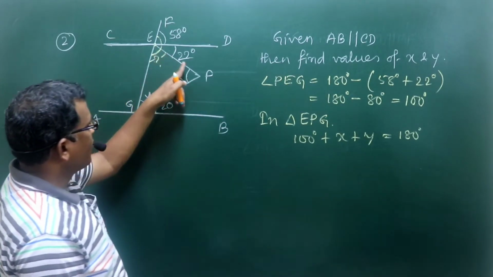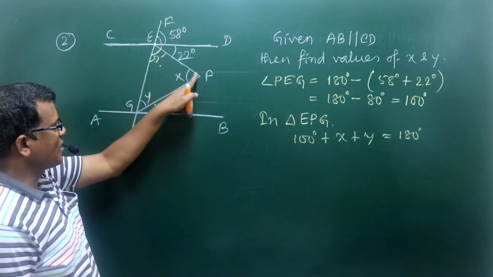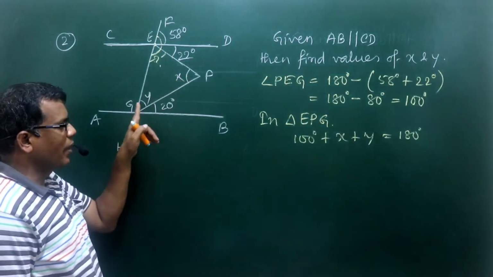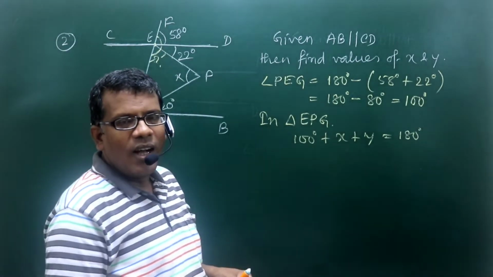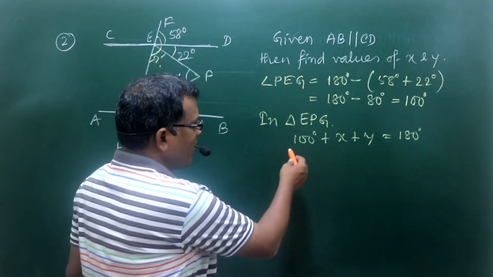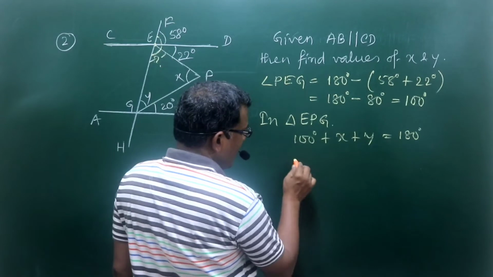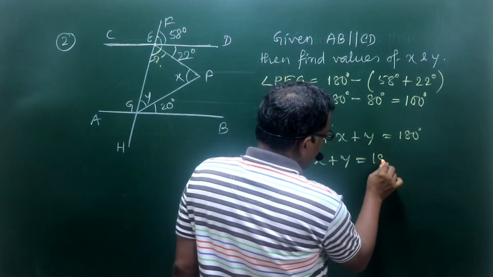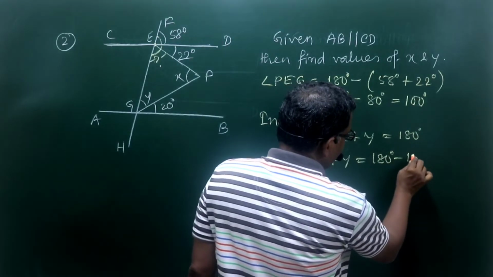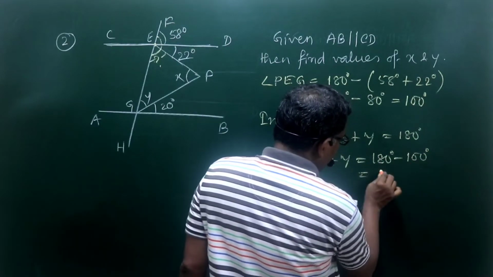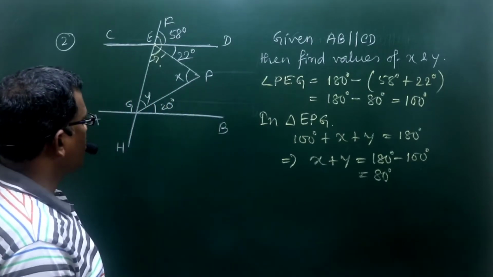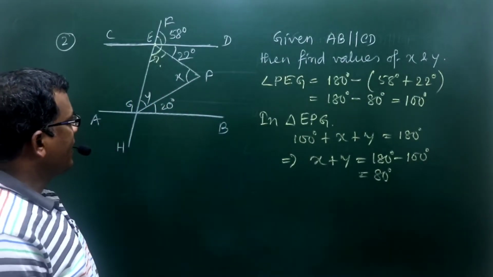So out of the three angles at these three vertices in this triangle, one is known as 100 degrees, and the other two angles are not known, they are identified as x and y. So 100 plus x plus y is 180. So from this we can write down x plus y is 180 degrees minus 100 degrees. So that is again 80 degrees, right? So x plus y together is 80.